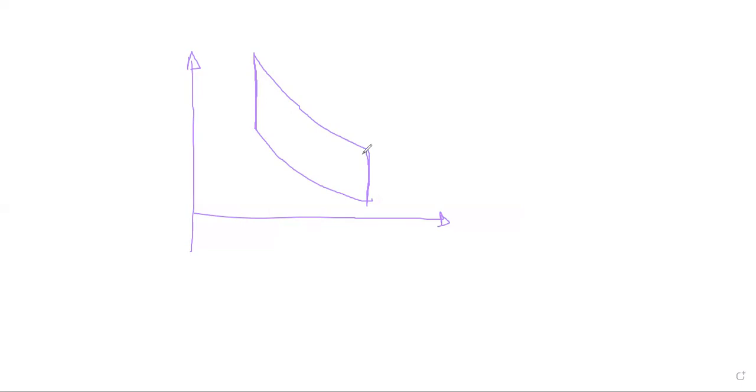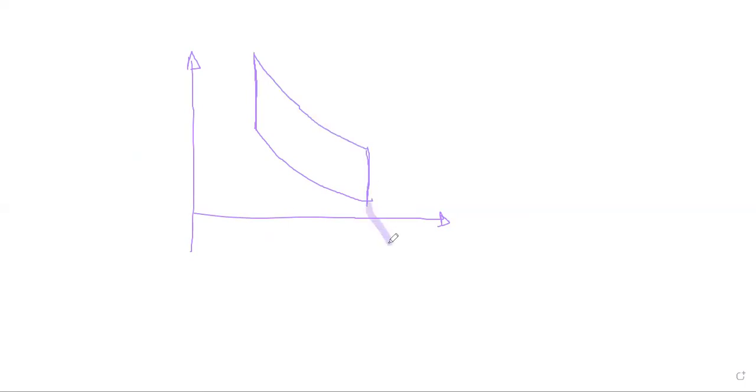First, they told us that an engine is characterized by an admission of air at a pressure of 0.5 megapascal. So if we start with the admission point here, we have its characteristics.